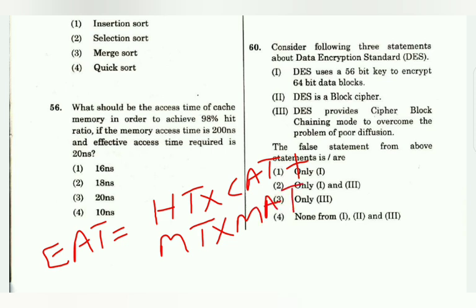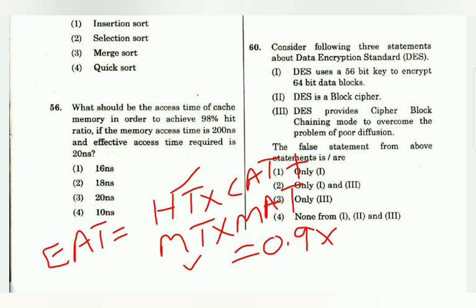If the particular data is available in the cache, then it is a hit. If it is not available, then we will fetch the data from the main memory. So that is the miss ratio. So hit ratio here is 0.9 into cache access time. The cache access time is not given, right?